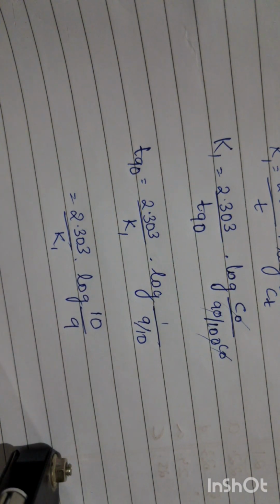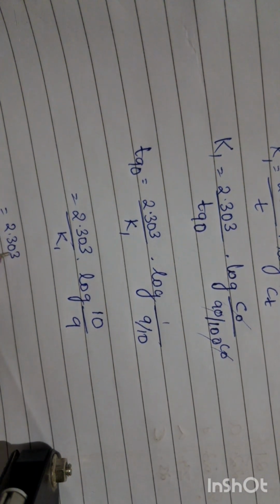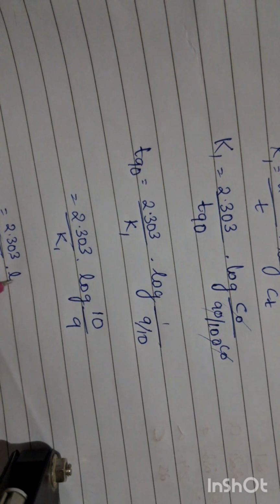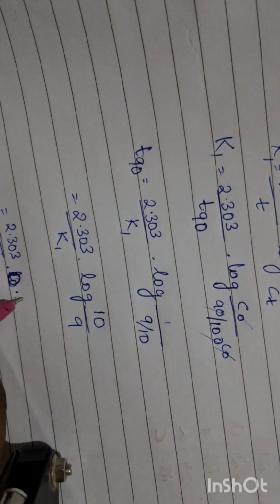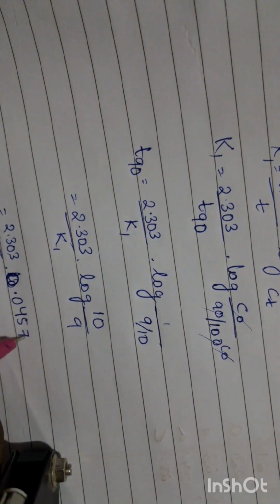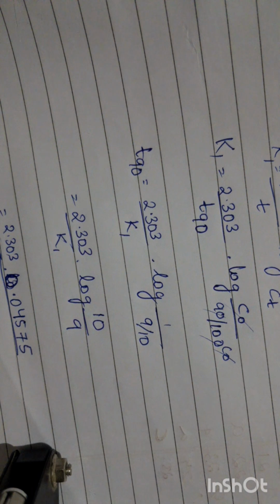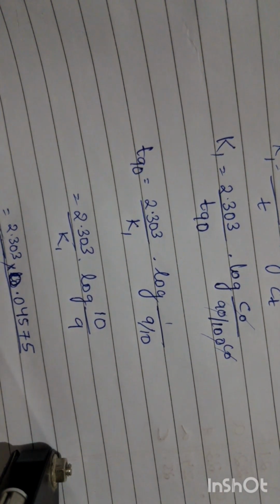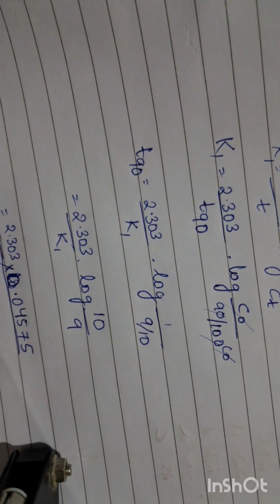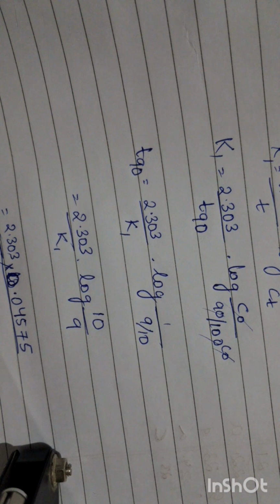The value of log 10 by 9 is 0.04575. Multiplying, we get 0.105 by K1, that is T90.